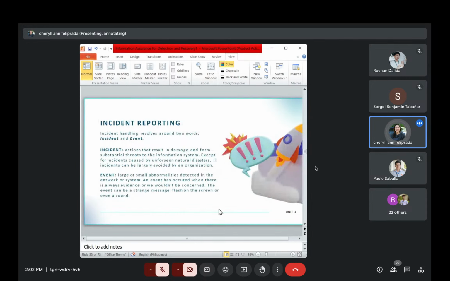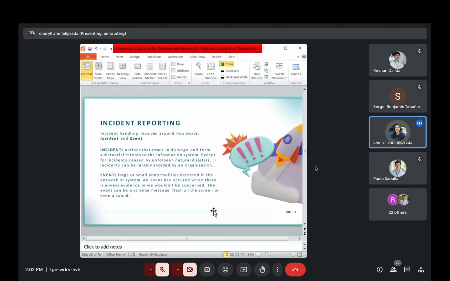So, next is incident reporting. It revolves around two words, incident and event. What is the difference between the two terms? An incident is an action that results in damage and forms a substantial threat to the information system.